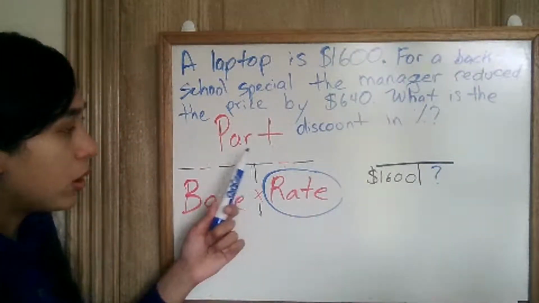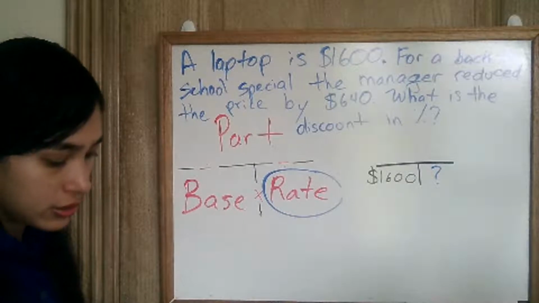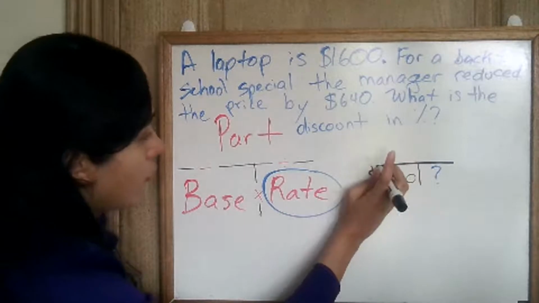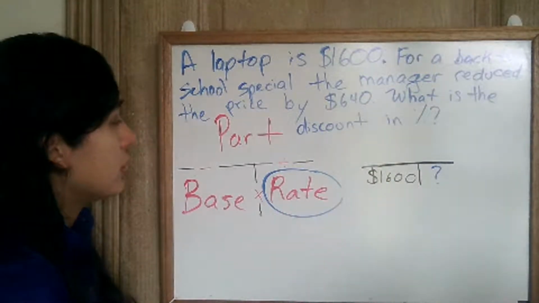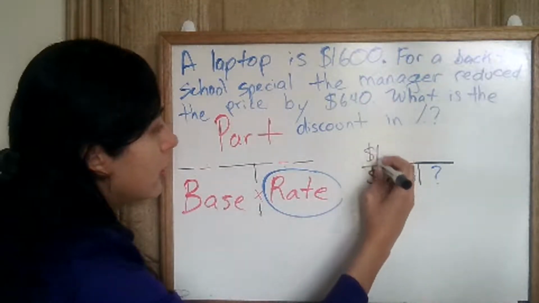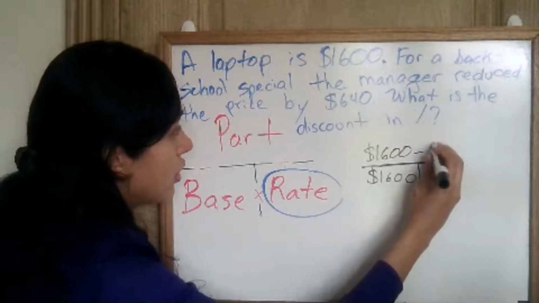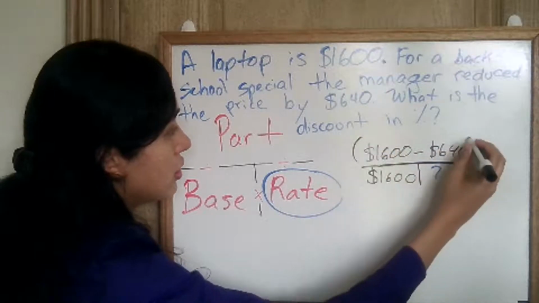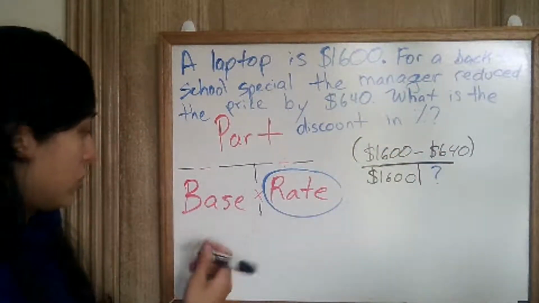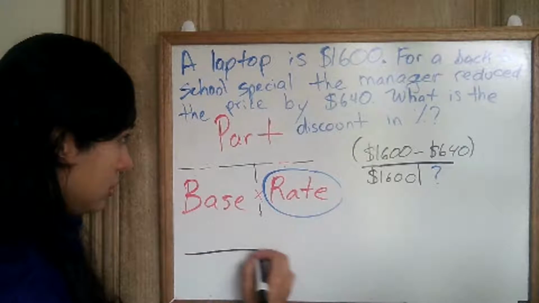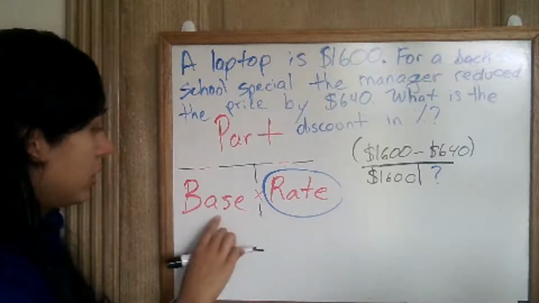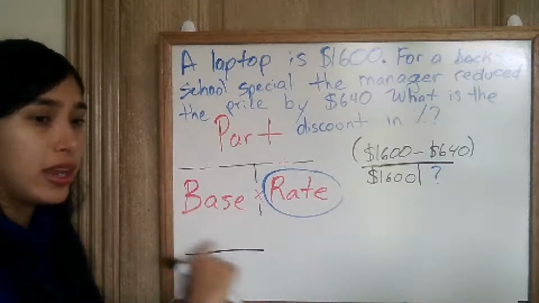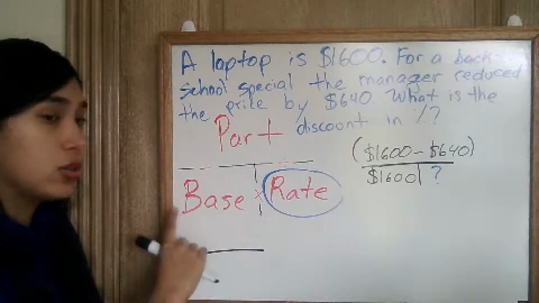Our part, though, is how much they discounted. So it would actually be this much. So let me go ahead and rewrite this. So this would be the total amount that they pay for it. How much you would be paying for it without the special, like the original price.